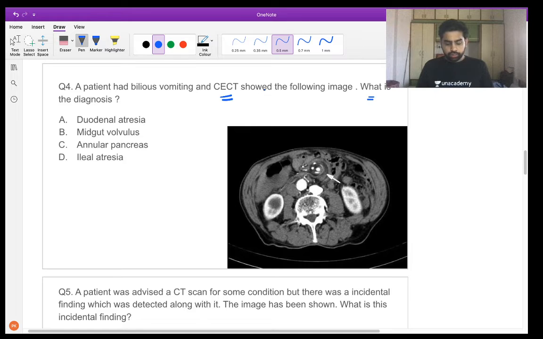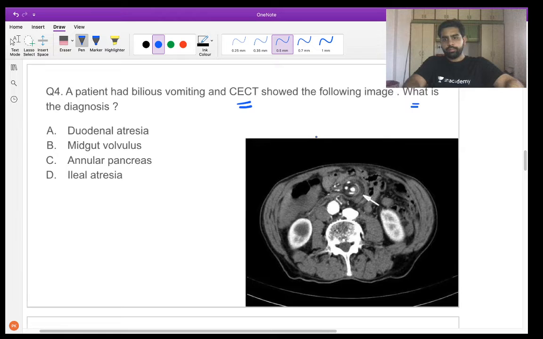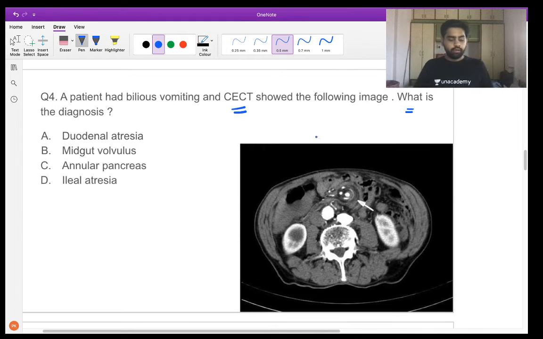Okay, so Richam, Farhat, Indra, can you tell me what is the diagnosis? Now you need to broaden your vision and you have to look at the particular CT scan in a better way. Okay, so please tell me what's the diagnosis. I'll just zoom in for you because I assume that you might not be able to see it very properly. So, well, what's the answer? Can you tell me, guys? Anybody? I'm waiting for your answers, guys.